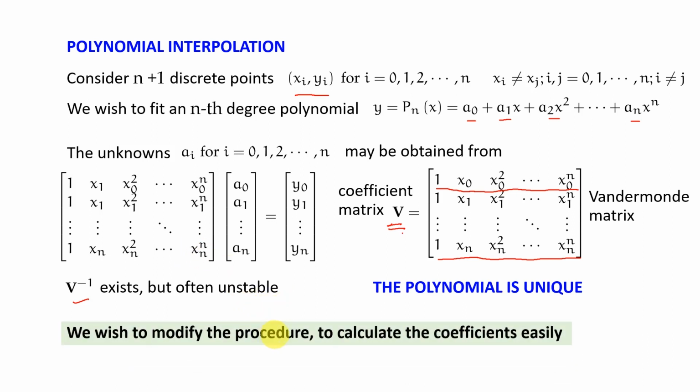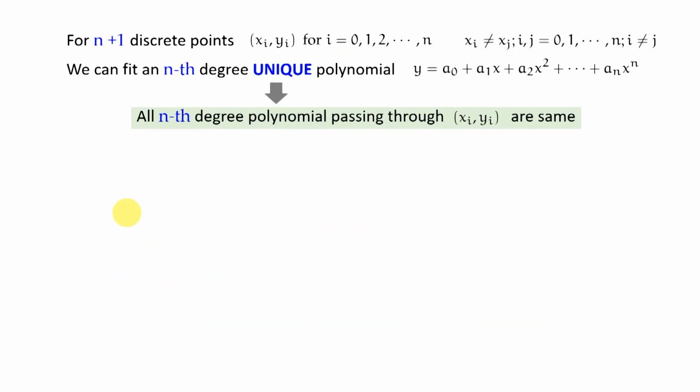So our goal is that we modify this procedure in a way so that we can calculate the coefficients, this a0, a1, a2, etc. easily. So let us see how we can do that. We don't want to have a very big matrix inversion. So what we can do is exploit the idea that we got last time: if we have n plus 1 points and if we fit an nth degree polynomial through these n plus 1 points, then this polynomial is unique, which means that all nth degree polynomials passing through these xi, yi are just the same.